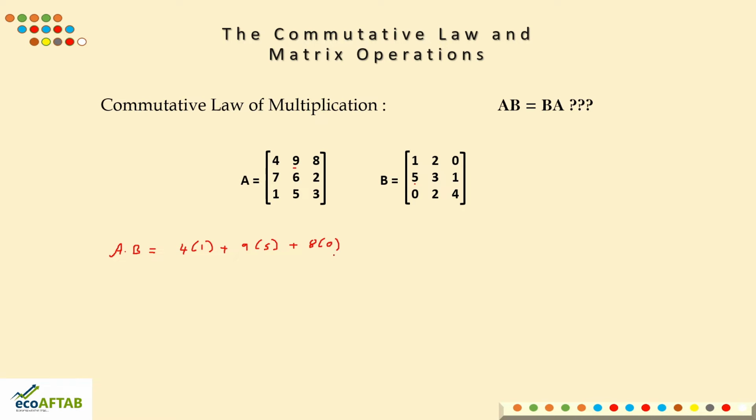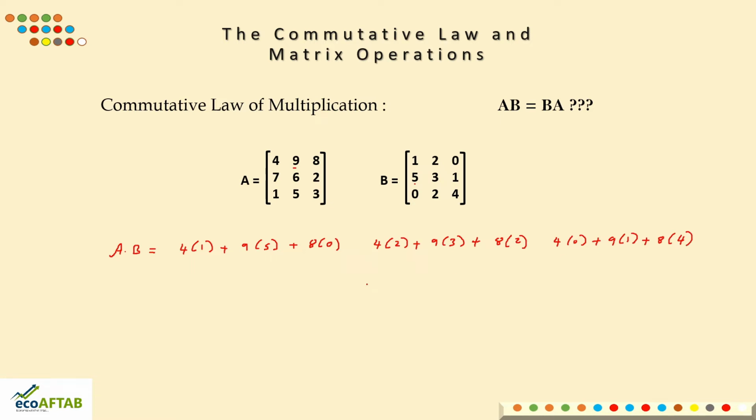Then the first row with the second column: 4 multiplied by 2 plus 9 multiplied by 3 plus 8 multiplied by 2, and lastly 4 multiplied by 0 plus 9 multiplied by 1 plus 8 multiplied by 4.